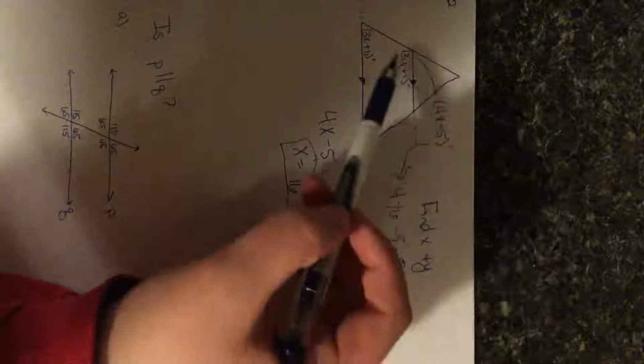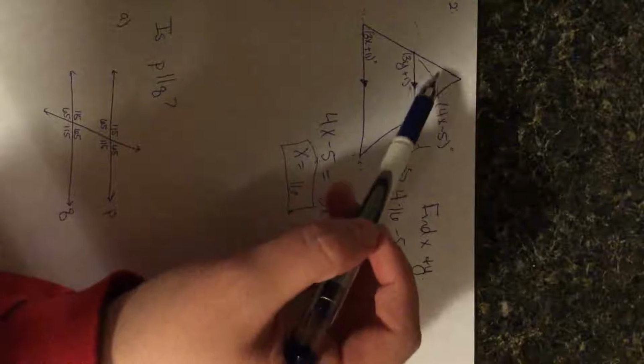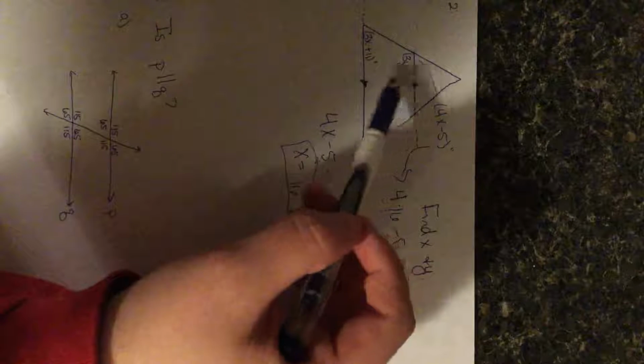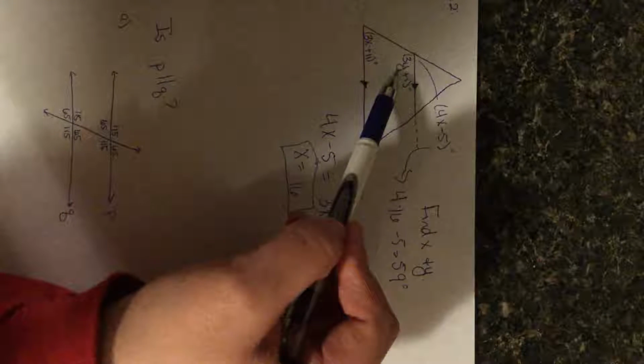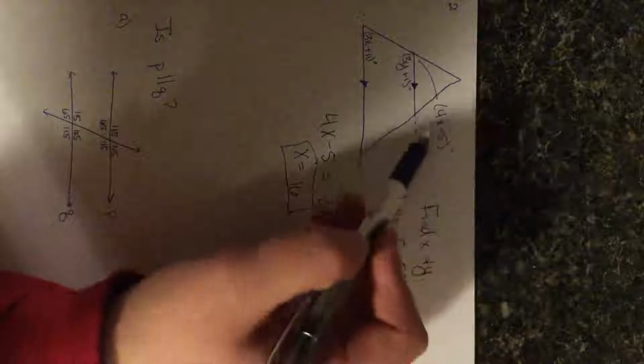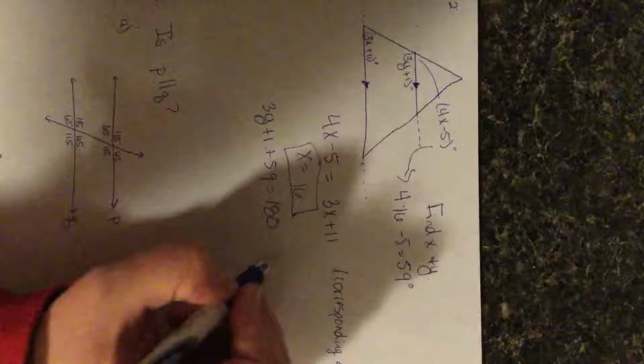So we need that because in order to find this angle, the y, these 2 are a linear pair, so they have to add up to 180. So 4x minus 5 plus 3y plus 1 have to add up to 180, so we need to know what this actual angle is to do that. So it's 59 degrees by plugging in x. So we have 3y plus 1 plus this angle here, which we said was 59, has to equal 180 because they're a linear pair.